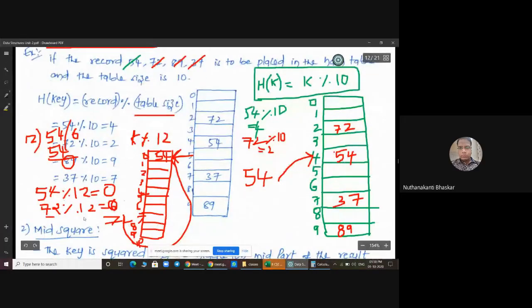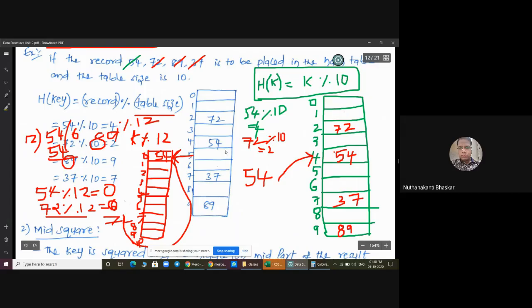Don't think about collisions now. I will tell you. Anyway, one topic has come. This is called collision. Clear? Yes, sir. Please remember this point. Next, 89. 89 modulo 12. Tell me what is the position?